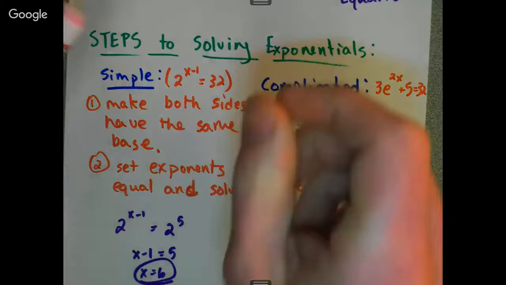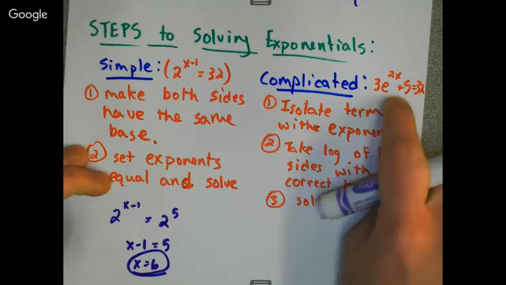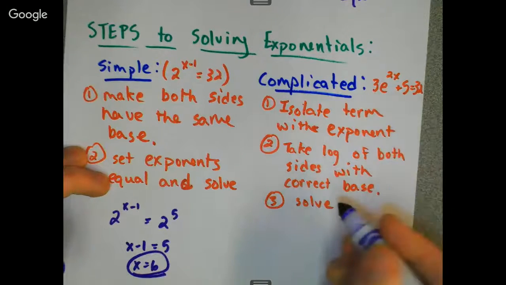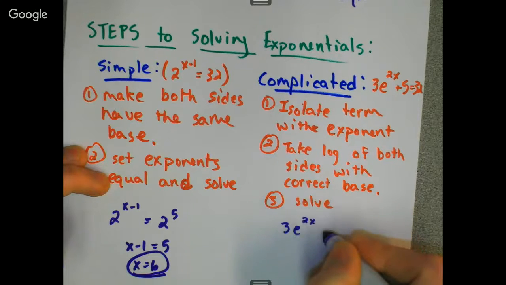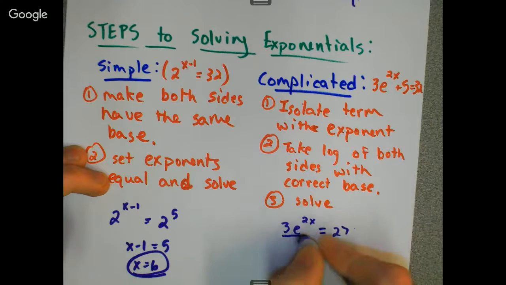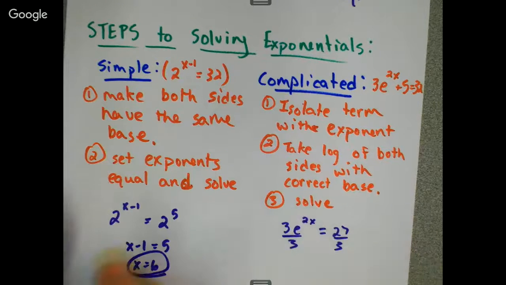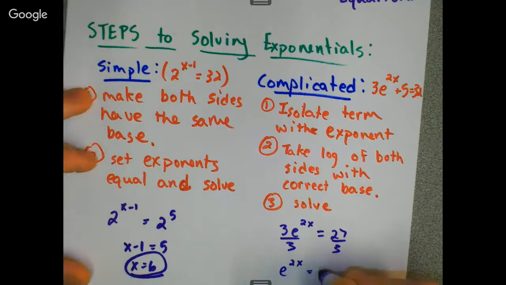So we've got this example here. We'll first have to subtract the 5 over. So I'll have 3e to the 2x equals 27, divided by 3 on both sides. e to the 2x equals 9.